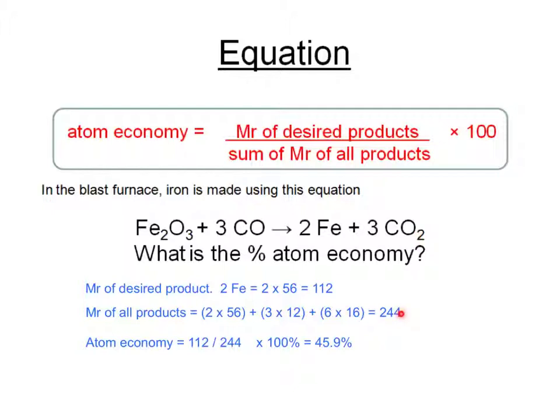Add them together, it makes 244, so the denominator is 244. Therefore, the atom economy is 112 divided by 244 times 100%, and that comes out to 45.9%. This means that just less than half of the products are useful, and the remainder, the carbon dioxide, makes up more than 50% of the mass and is wasted.